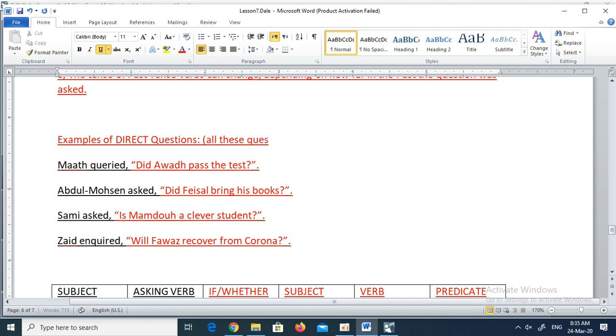They are in direct speech because we are giving the exact words that the speaker used, and we are giving those exact words in inverted commas, which tells you this is direct speech.